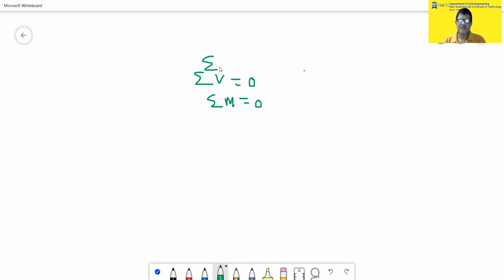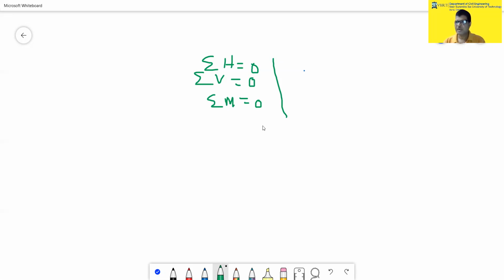These are the three conditions of equilibrium used in the analysis of determinate structures. Because we have three equations, a maximum of three unknowns can be solved. So if the number of unknowns in a problem is more than three, then it becomes a statically indeterminate structure.